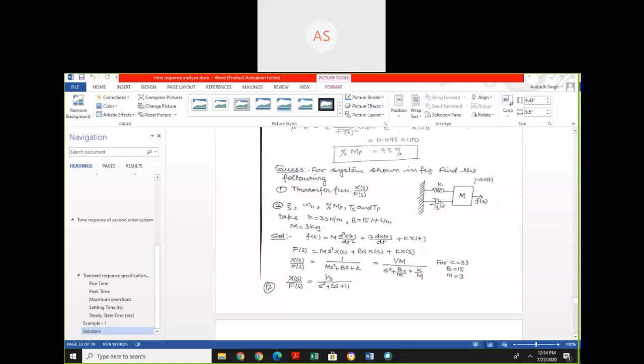Draw the free body diagram and write the differential equation. So F(t) is equal to m d square x by dt square plus b dx by dt plus kx.